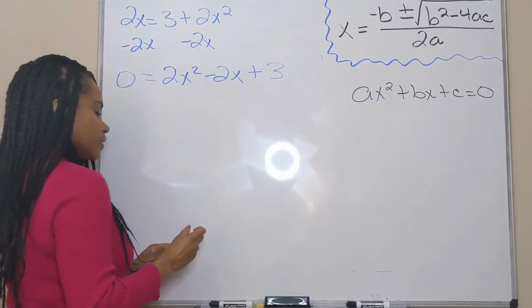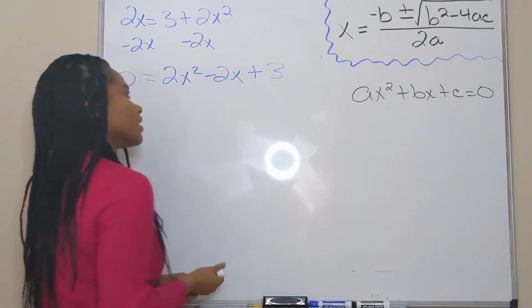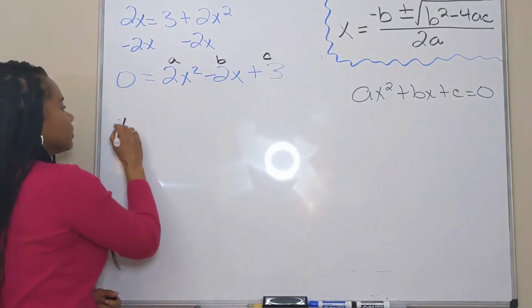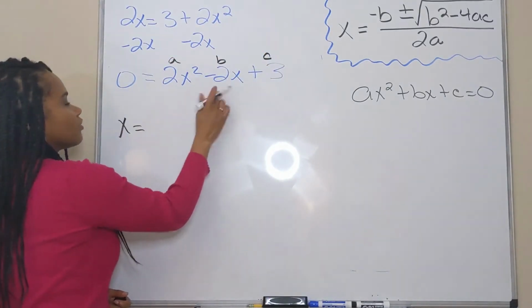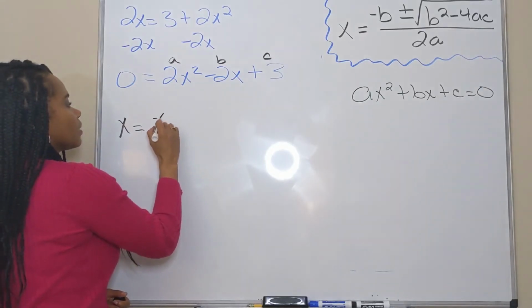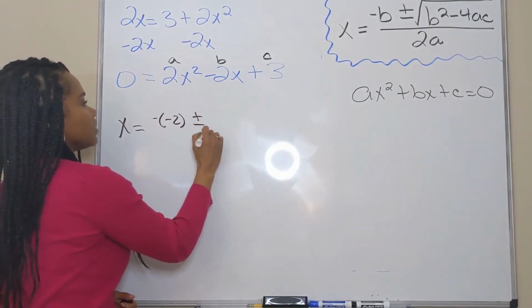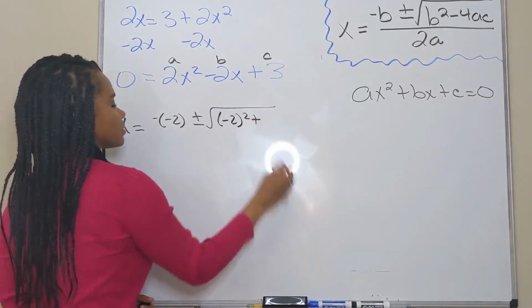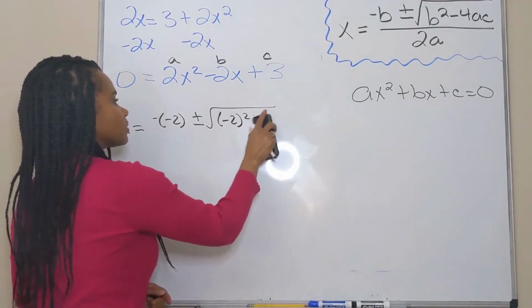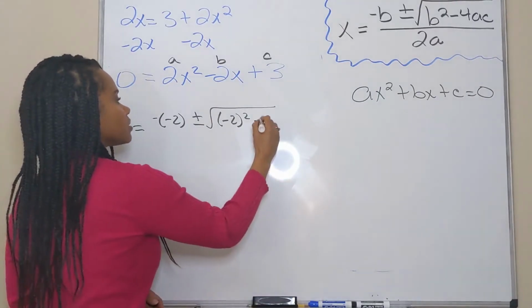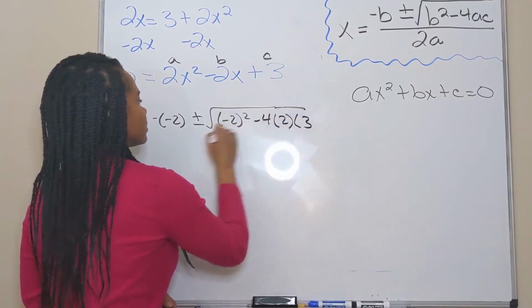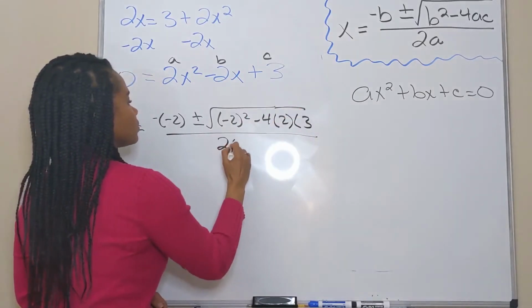All right, so let's go ahead and solve it and see what happens. A, B, C, plug it in. Negative b, plus or minus, negative 2 squared, minus 4 times 2 times 3, all over 2 times 2.